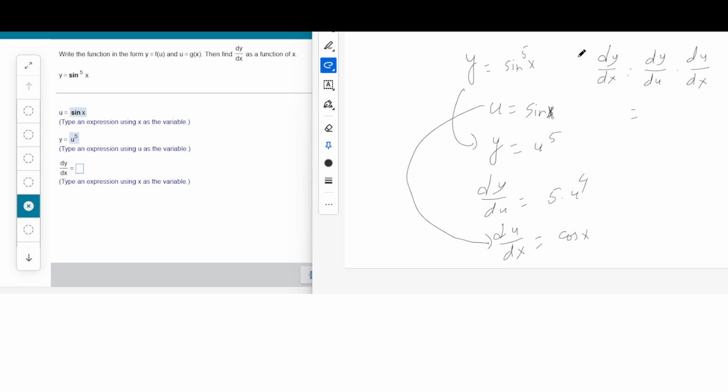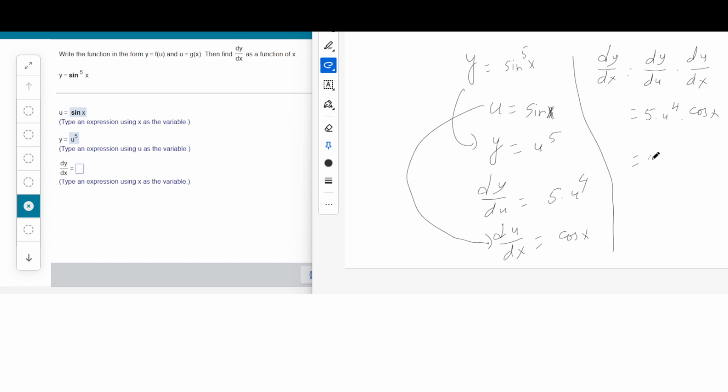Eventually, everything is supposed to be in terms of x because this is just the intermediate step here. So the value of this is 5 times u to the power 4, and the value of this is cosine of x. But we don't take this as a final answer because u is just the notation we use here to make our problem simplified.